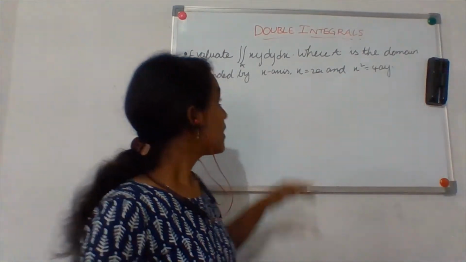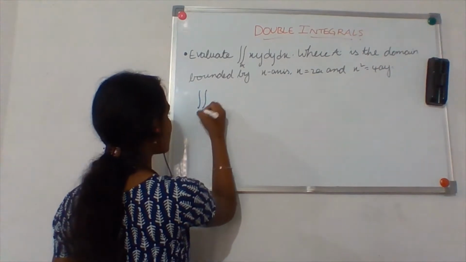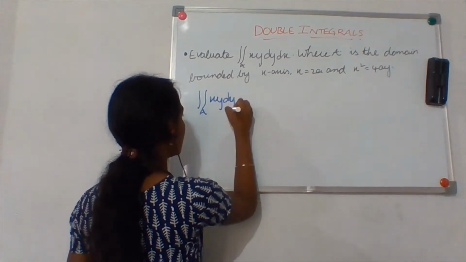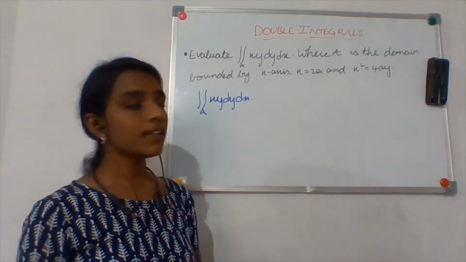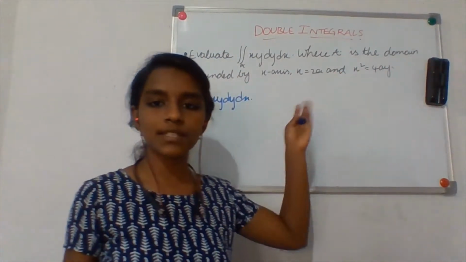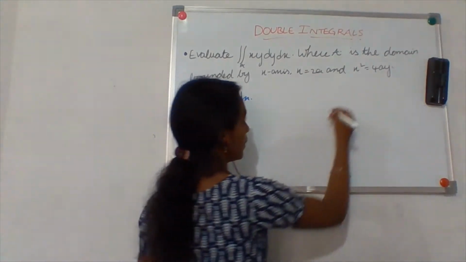So let us look at this problem. We have the problem as double integral over A of xy dy dx. He has given us these three curves and we have to find the limits through these three curves. Okay, and how do we find it? That is what we are going to see.